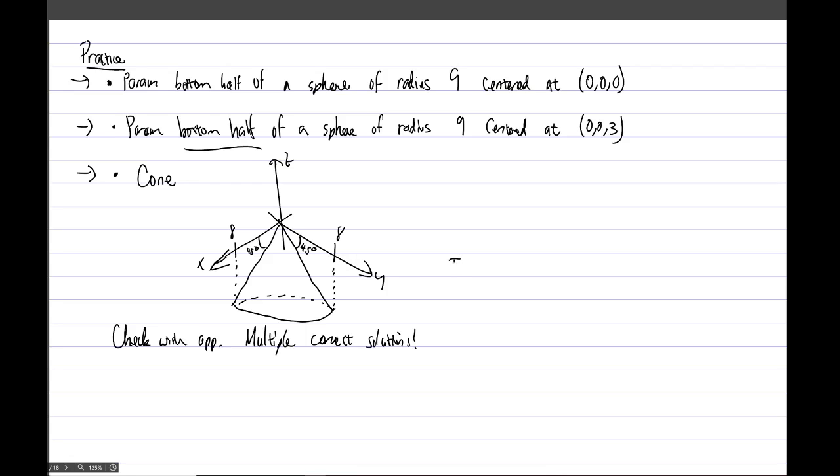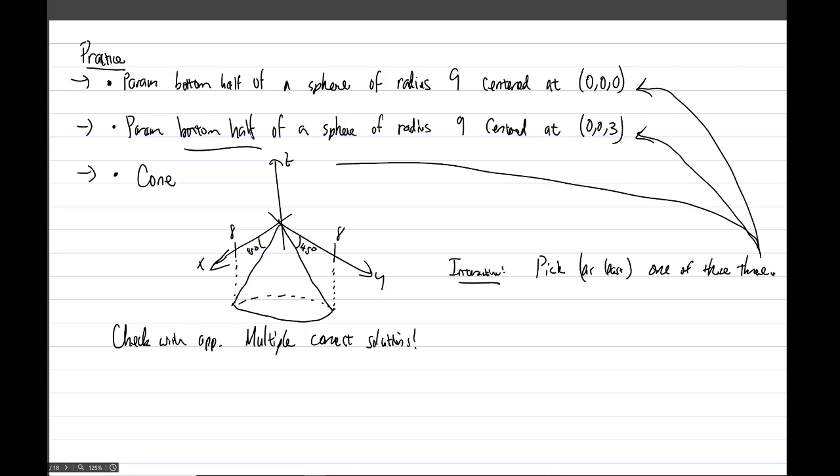And in fact, for the interactive question, let's do the following thing. You actually pick one of these three things to parameterize, right? By one of these three, I mean like the sphere there, or this cone here.